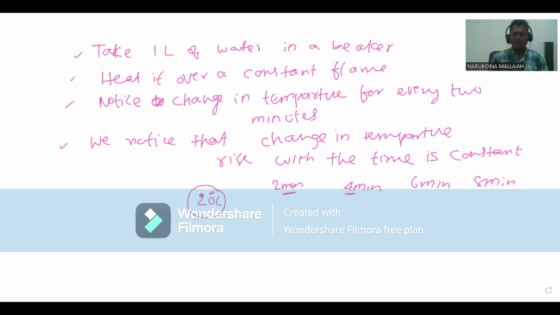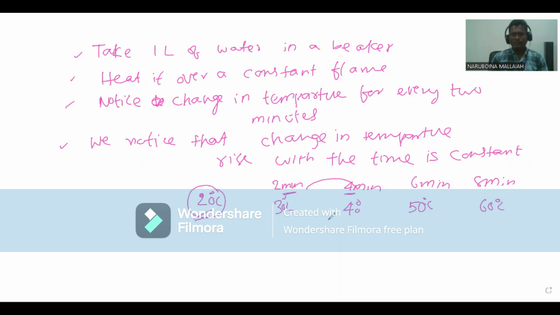Initially, the temperature of water is 20 degrees centigrade. At the end of 2 minutes, it will be, say, 30 degrees centigrade. At the end of 4 minutes, it will be 40. After 6 minutes, it will be 50 degrees centigrade. After 8 minutes, the temperature of the water is 60 degrees centigrade.